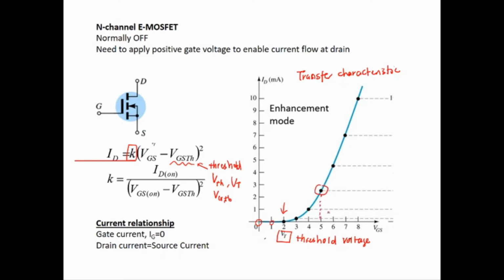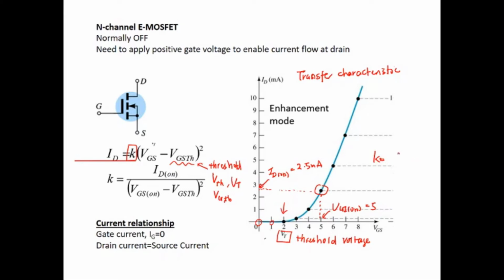So this is where the VGS on is equal to 5 volt, and then the ID on will become 2.5 milliampere. So from these two values, you can calculate the K of the characteristic or the graph.